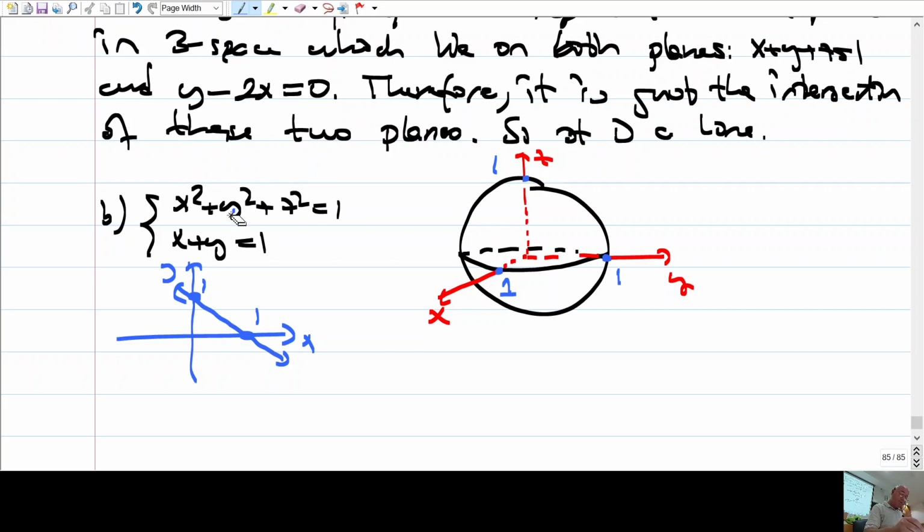These are the points where the axes intersect the sphere, on the positive x, y, and z lines.